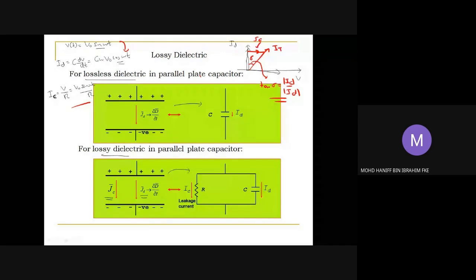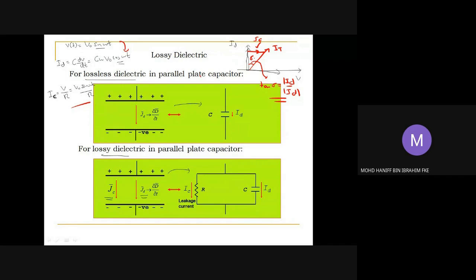So based on that, this line here, which is the I total, is the combination of both the conduction current and your displacement current. As I mentioned before, in a lossy medium these two currents exist, the IC and the ID.